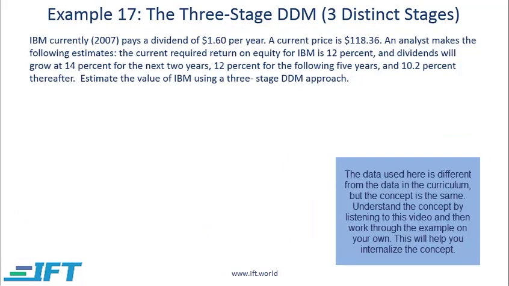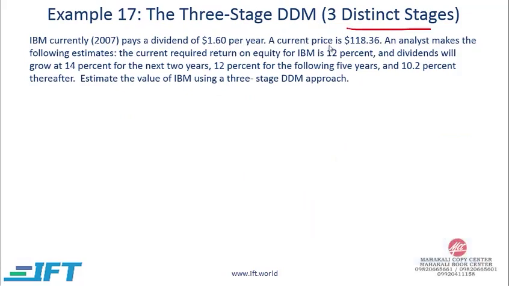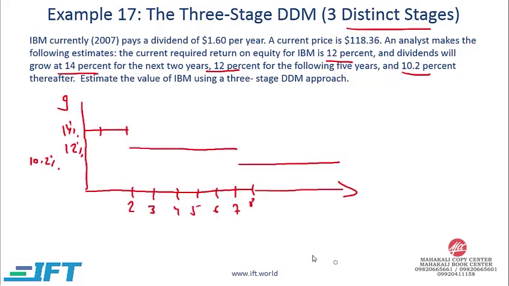Okay, let's take the 3 distinct stages first. You are given the dividend and then you are given 3 stages. The required return is 12%. Dividends will first grow at 14%, then they'll grow at 12%, then they'll grow at 10.2%. So here's what's going on.